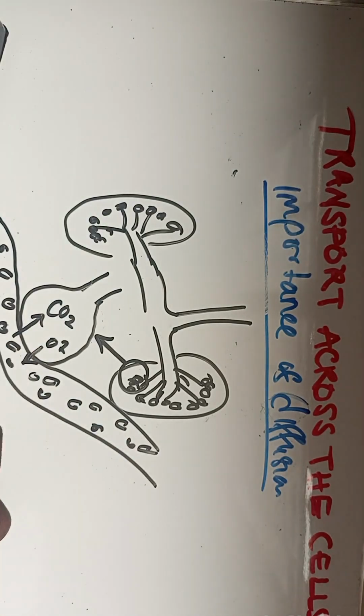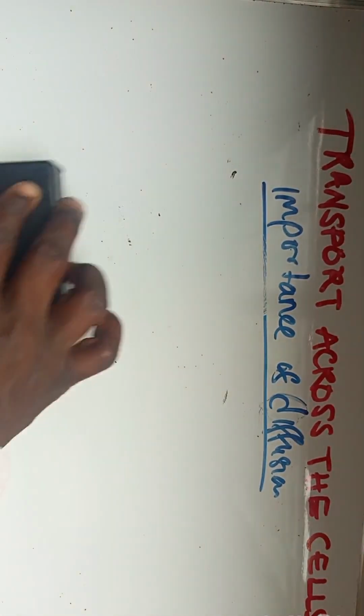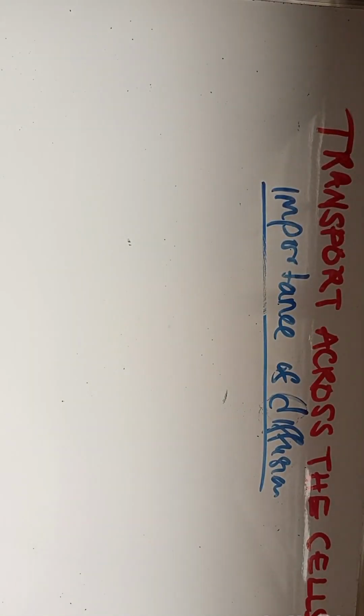For them to enter this cell and to come out, unless there is the process of diffusion. So those are the importances of diffusion. From there we have dissolved food which goes into the cells, from the blood into the cells, by diffusion.